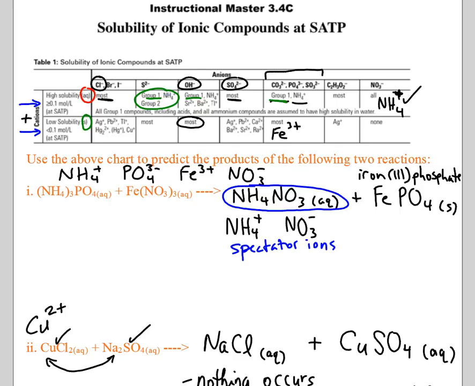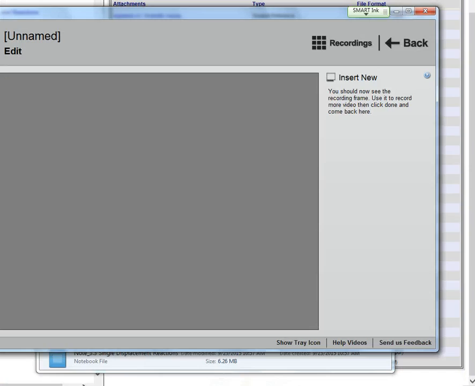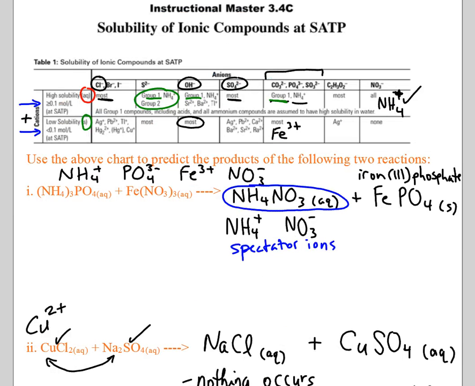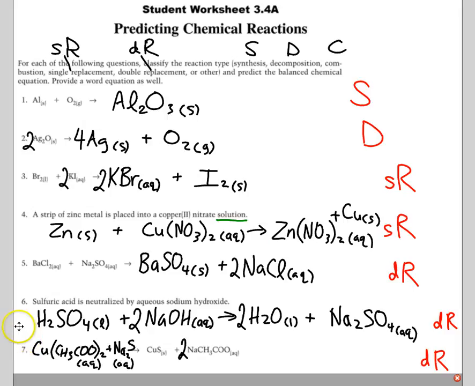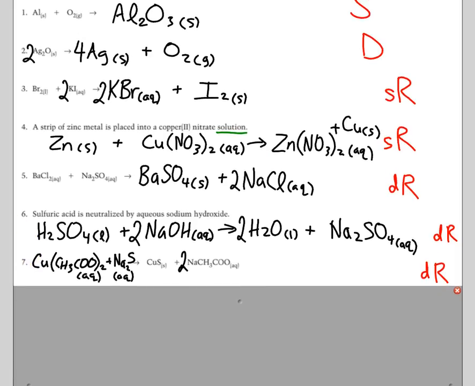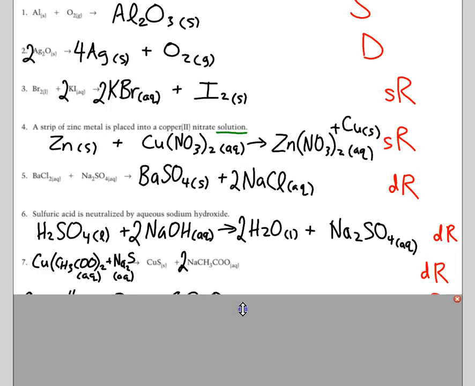So returning here to our slide, we go back and see that the products here are already provided for us. Copper sulfide, copper 2 sulfide rather, which has low solubility. It's not ammonium, it's not group 1, it's not group 2. It's in that low solubility. It'll be a precipitate expected, and 2 units of sodium acetate, which have high solubility.